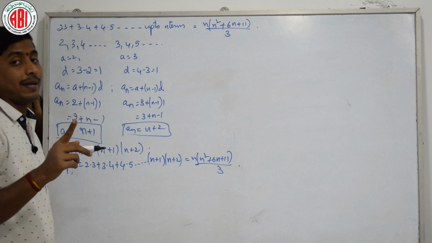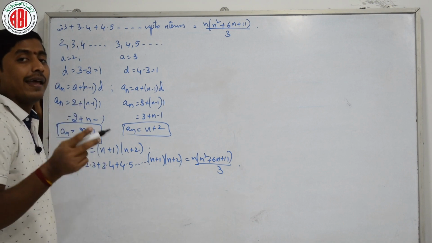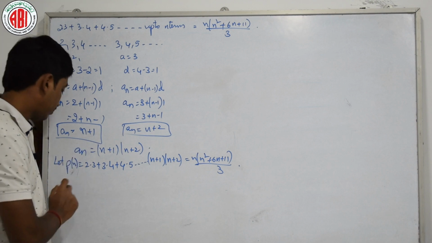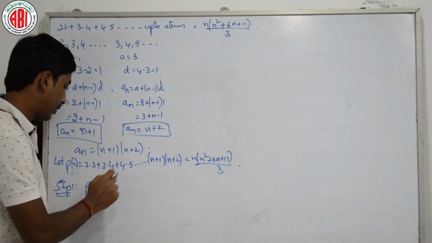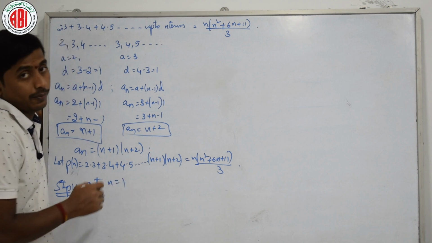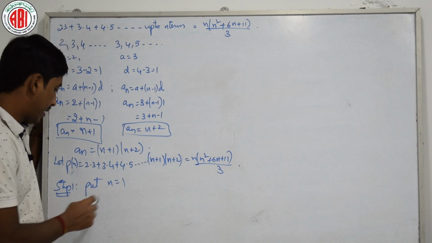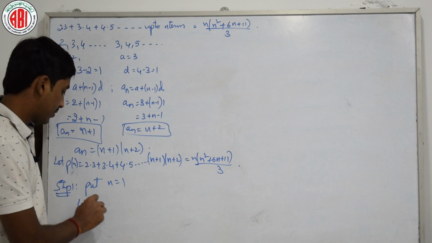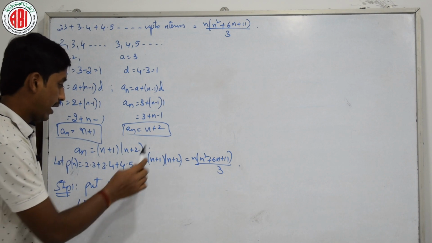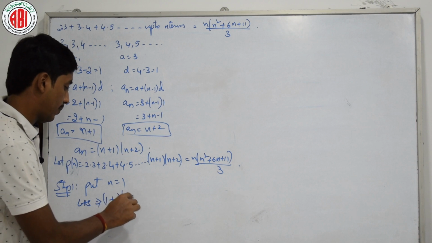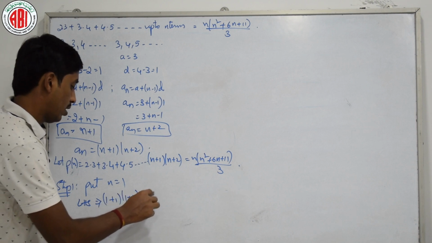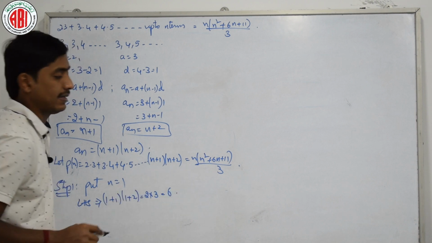Yes, what is the next step now? What is the first step? That is, put n is equal to 1. Step 1 is, let us put n is equal to 1. How to do it now? LHS will be (n plus 1) into (n plus 2), that is (1 plus 1) into (1 plus 2), that is equal to 2 into 3, that is 6.